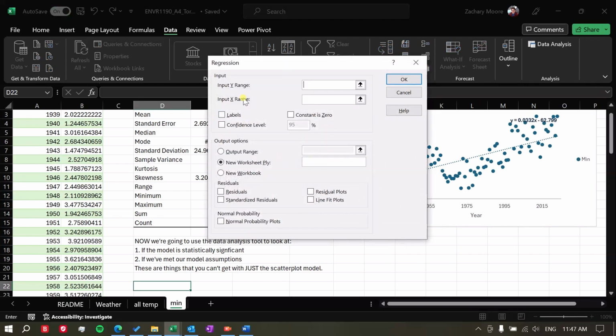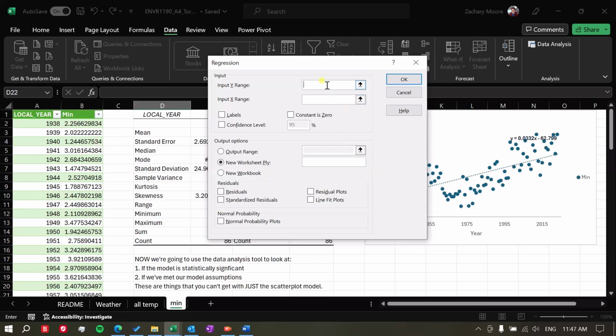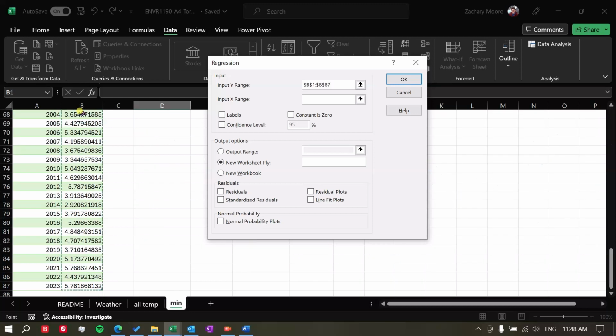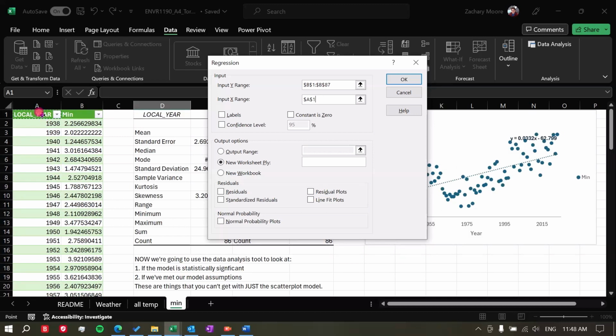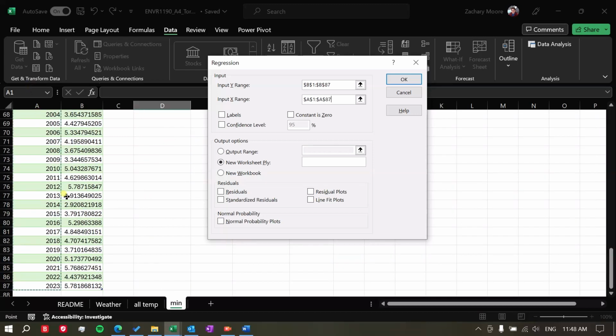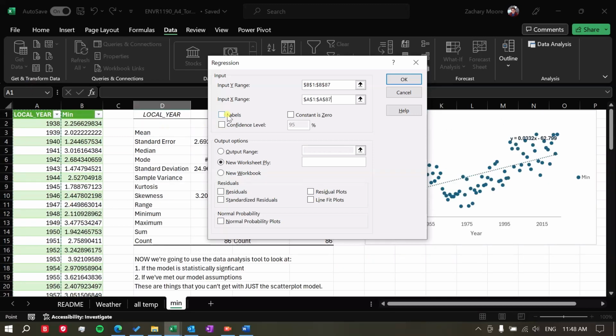And then we will click OK. We can input our Y range, and our Y is always our dependent variable, so the thing that depends on the other one, which is our minimum here, our temperature. And our X is always our independent variable, the thing that we think is affecting the other thing.